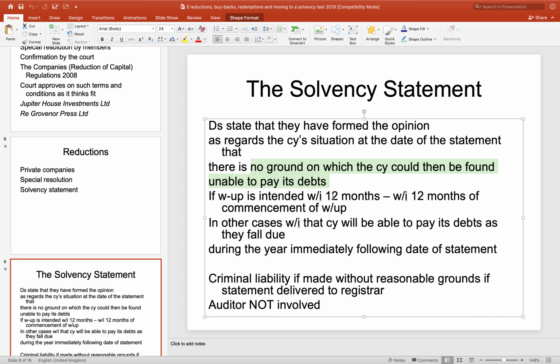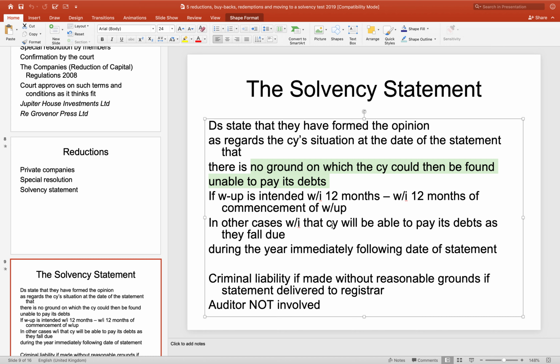And there's sort of a time period of 12 months attached to this. And so that is radical in the sense that it allows a reduction of capital at present, and in the future could allow a distribution, on the basis of the directors carrying out an analysis.